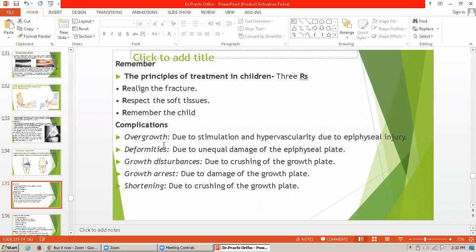And complications: overgrowth is due to the stimulation and hypervascularity due to the epiphyseal injury, and deformity.